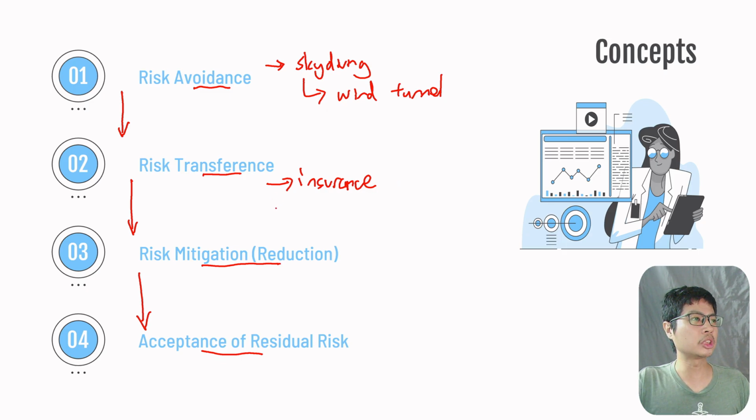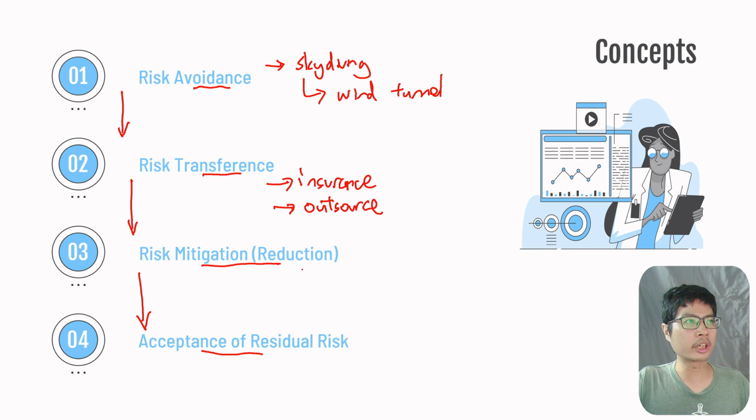Another one which we always look at when we are doing risk transference is outsourcing. For skydiving, we cannot outsource it to someone else to skydive on our behalf, so it's not really applicable here. But for a lot of the operations that a company would perform, outsourcing is one way of transferring the risk to a third-party company.